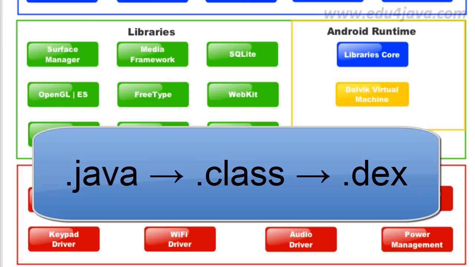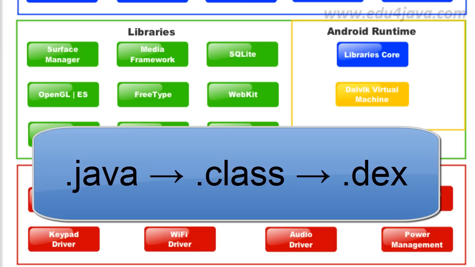A .dex file is a second compilation of Java. In Java normally we start with a .java file and we compile with the classic Java compiler, and we get a .class. If we make a second compilation with the Android SDK, we can get a .dex file.